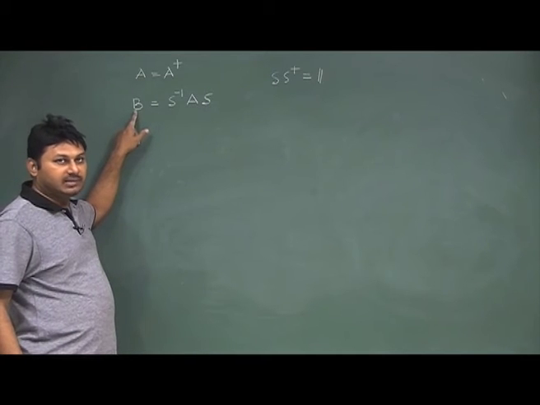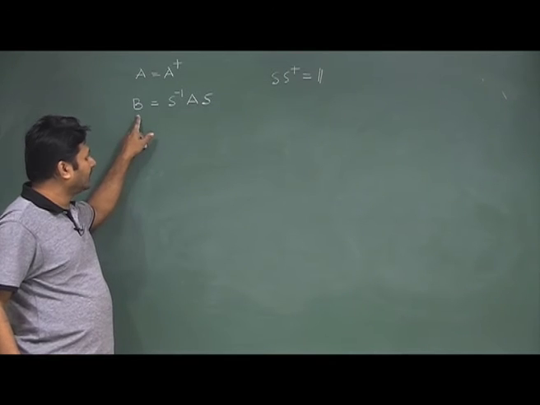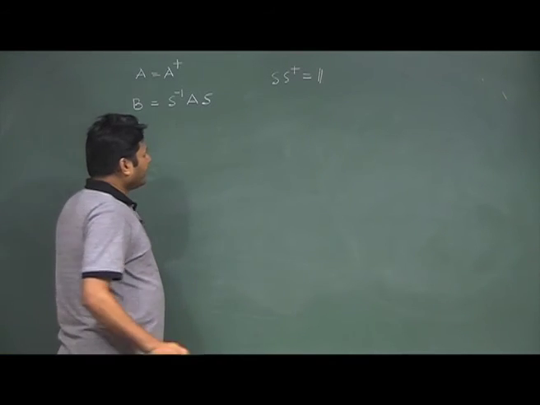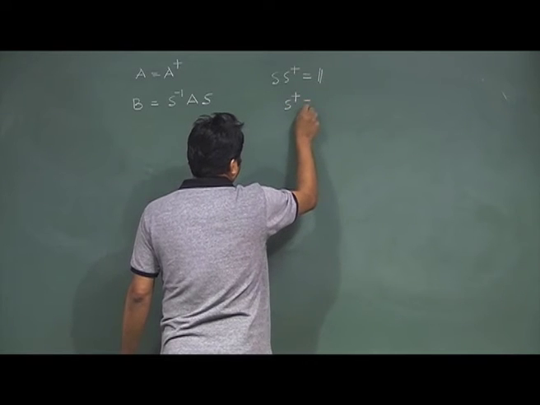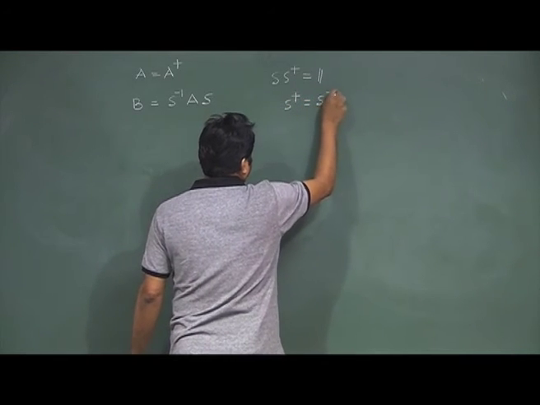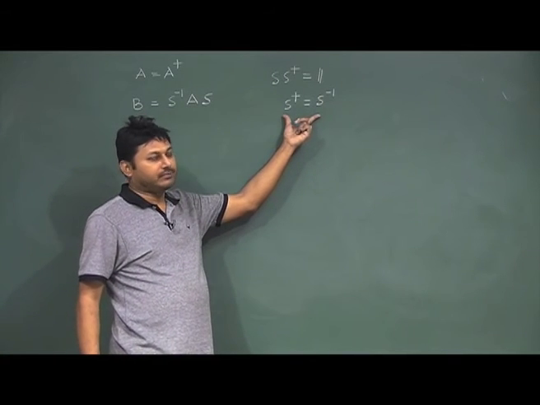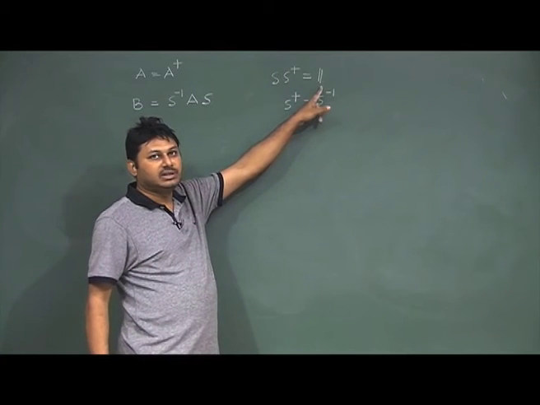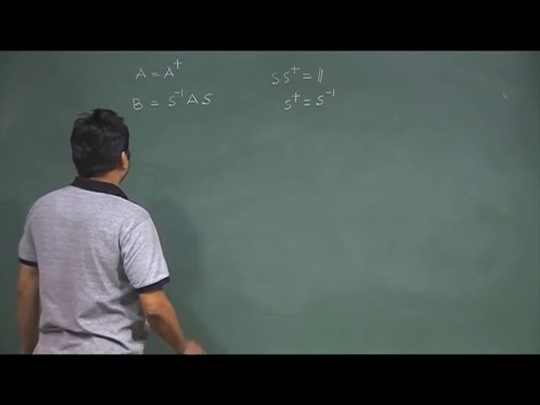Is this B still Hermitian? A is Hermitian, I know. Is this Hermitian? So, here I can write S dagger is equal to S inverse, the extra property that I have because of this unitary property. S is a unitary matrix.